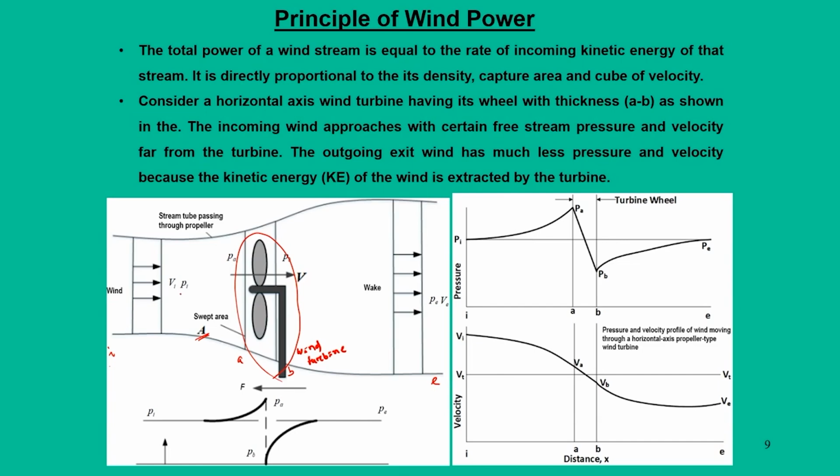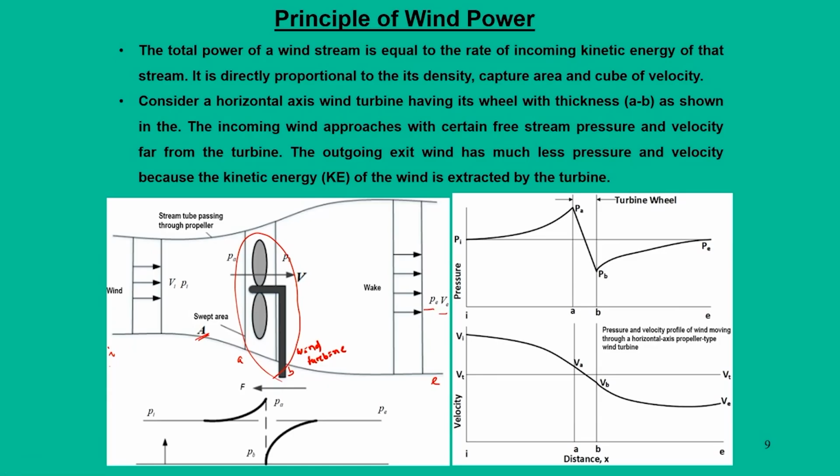Wind flows at some velocity Vi and pressure Pi, and that is the inlet, and wind leaves from the turbines far away from this location, that is from point B. Its pressure is Pe and velocity Ve.